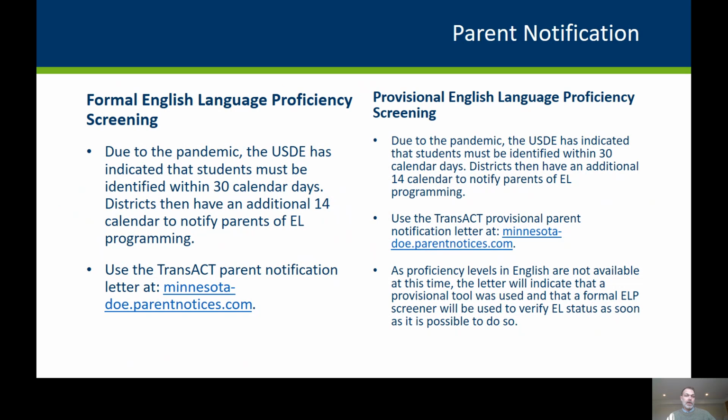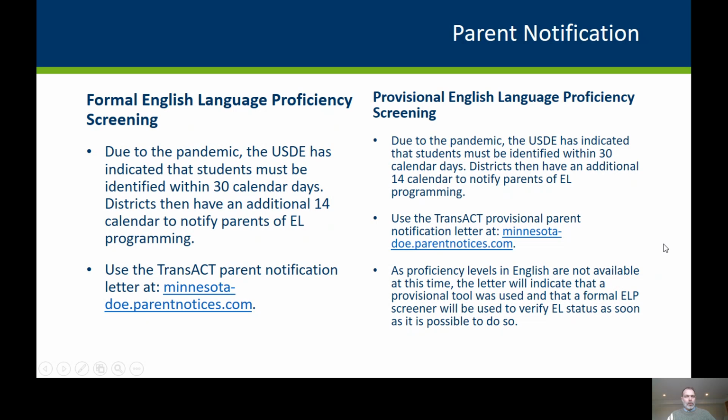Districts and charter schools must identify any student that enrolls in the middle of the school year within 30 calendar days, and then districts have an additional 14 calendar days to notify parents of EL programming. The parent notification letter is available in the parent notices section of Transact.